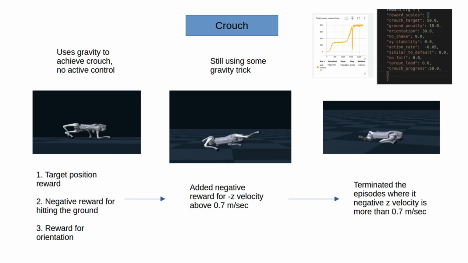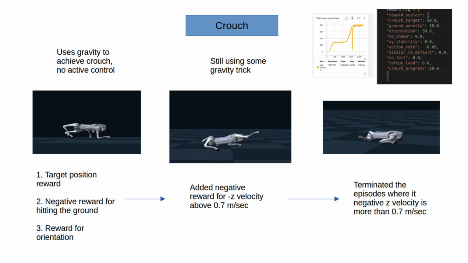The first policy is the crouch. When I started training this policy, initially it was using a gravity hack where it just fell to the ground to crouch, because I was giving a reward for reaching z equal to 20 centimeters or 15 centimeters. Then I started giving negative reward for downward velocity, but there were issues with convergence, conflicting goals.